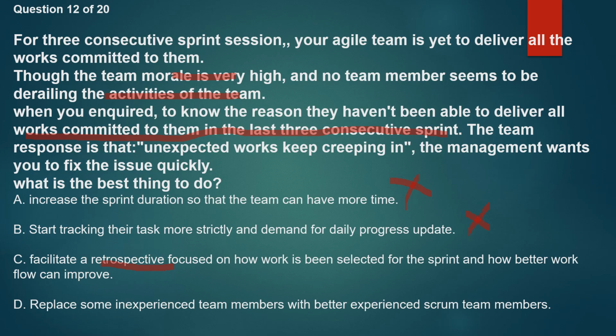So if there is an issue of scope creep, this is the best forum where it can be discussed, the retrospective. In that meeting, what went wrong can be discussed.